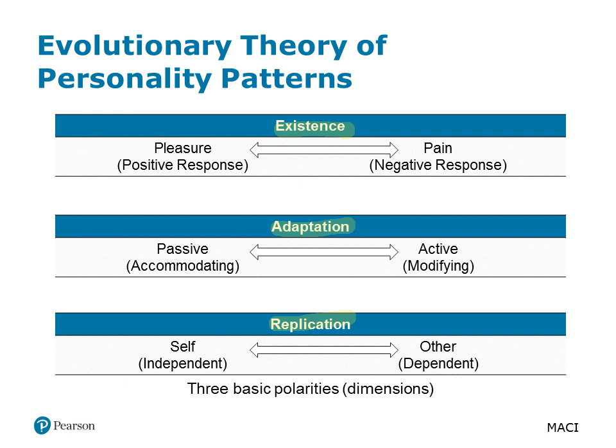The first 3 of the 4 domains are expressed in polarities, and they provide the essential elements of Dr. Millon's theory. And what Dr. Millon did is he used these domains to construct a theoretically embedded classification system of personality patterns.